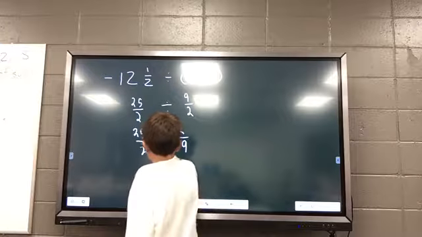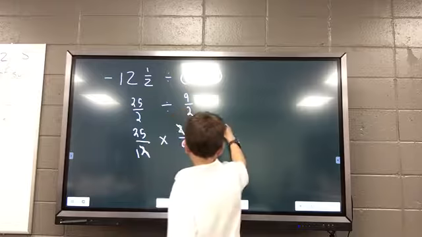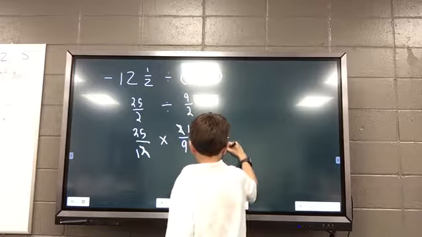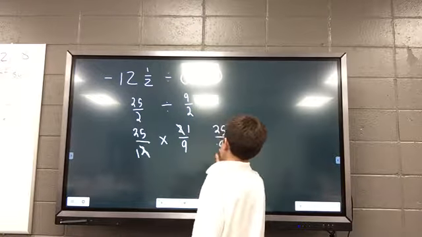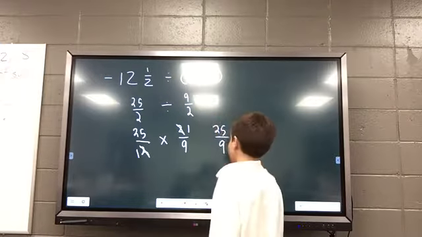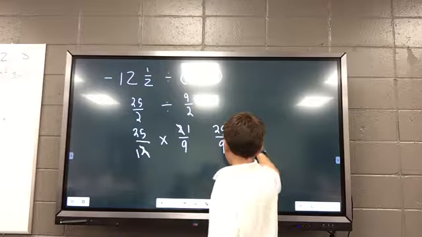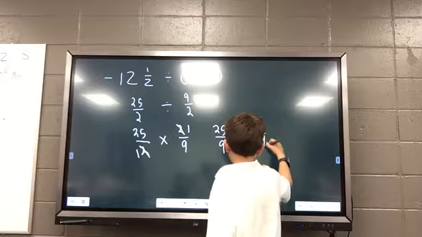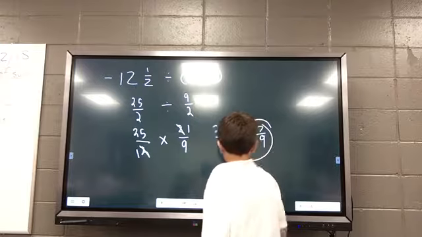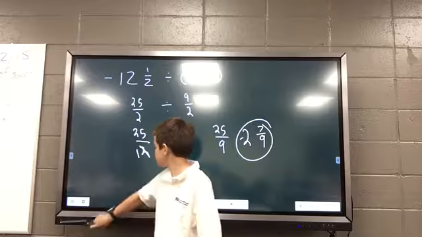And so then you would simplify it. And then you would multiply it, so that would be 25 over 9. And then you would simplify it. Yeah, or convert it. So 9 can go into 25 twice, and then there will be 7 remaining. Good, and it's negative because the negative divided by positive is negative, -2 and 7/9.